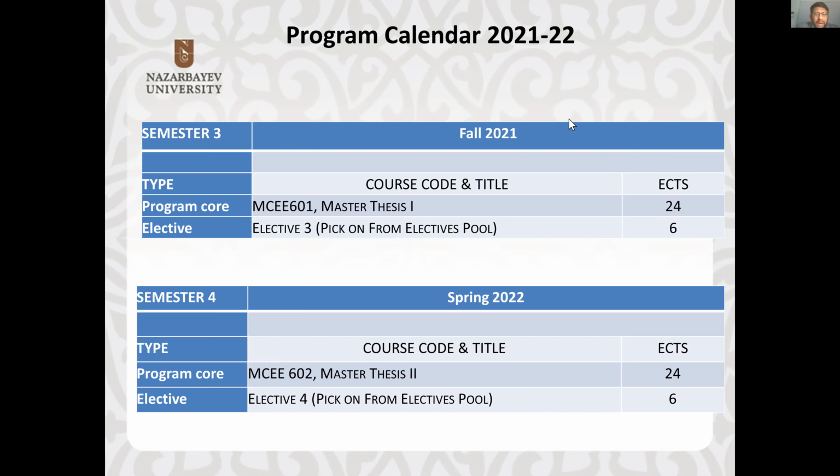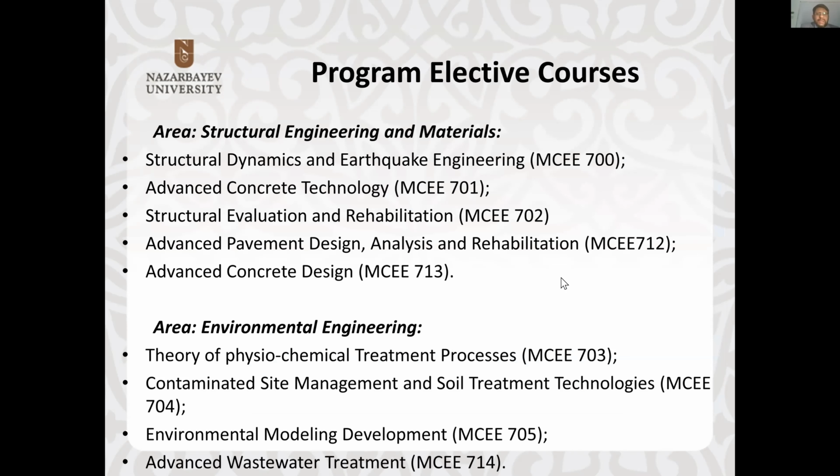Now, this slide shows the list of elective courses that we are offering in each specialization. We have tried our level best to include at least 3 to 5 electives in each key area. Depending on your interest and your choice, you can choose any key area and select any elective as per your interest.